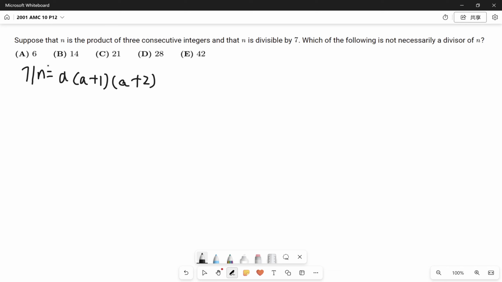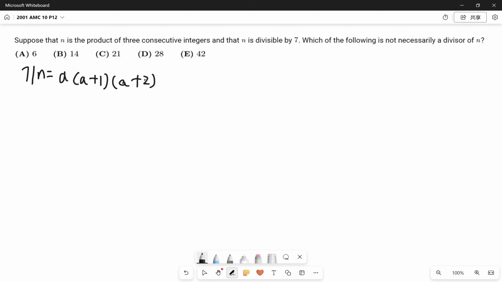Yes. Why? Because out of the three integers, at least one, maybe even two, has to be even. So this means that n has a factor of 2 in it. And out of these three consecutive integers, one integer must be divisible by 3.